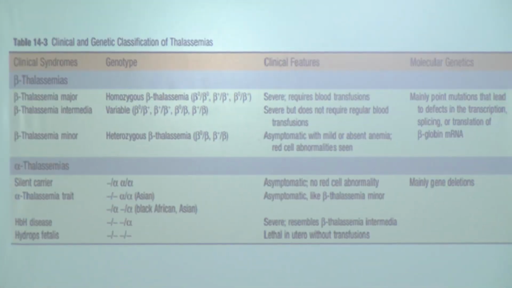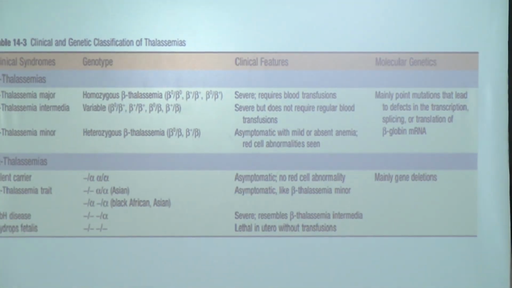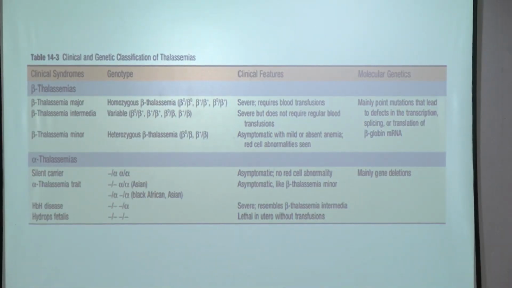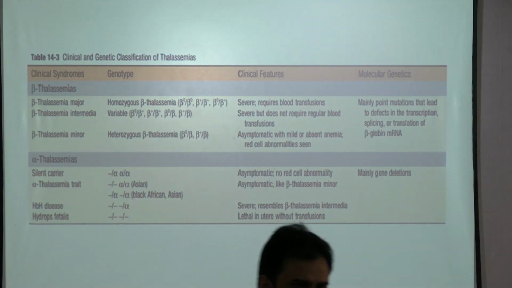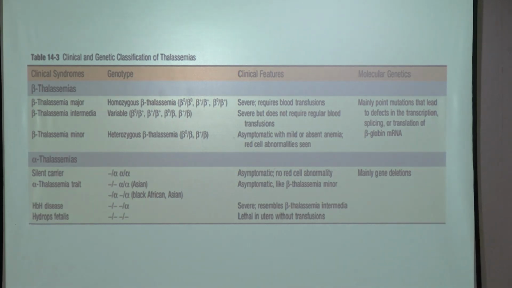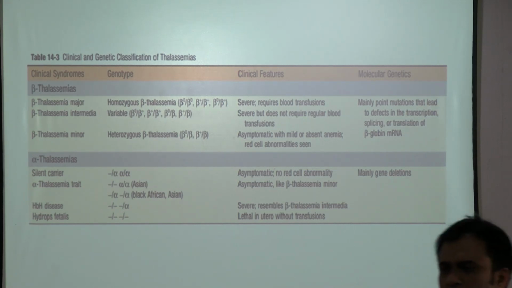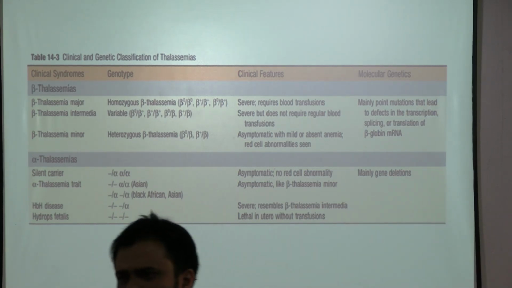Major means predominant. So what kind of gene can it have? This question is important. Homozygous. Beta-0 is very bad, there is no beta chain in it. Beta-0 beta-plus, or beta-plus, reduced but detectable, still incompatible with life.